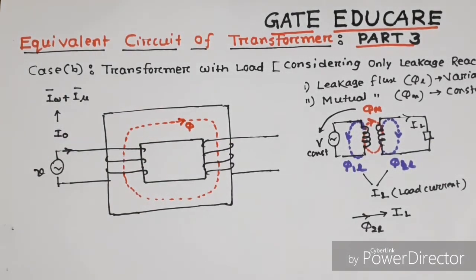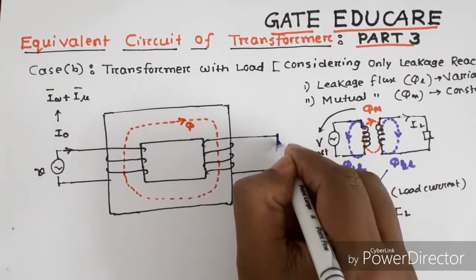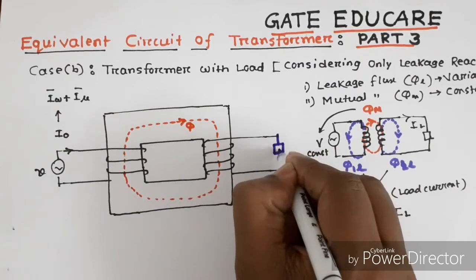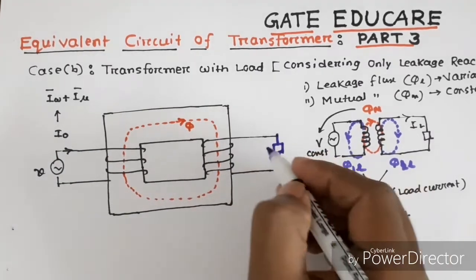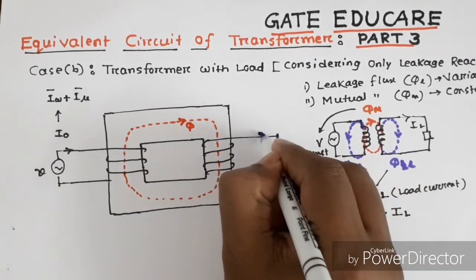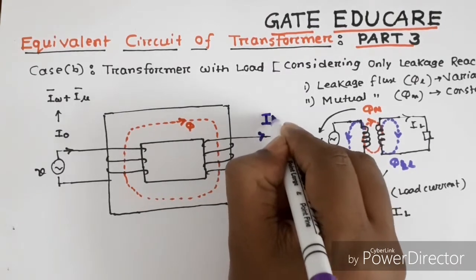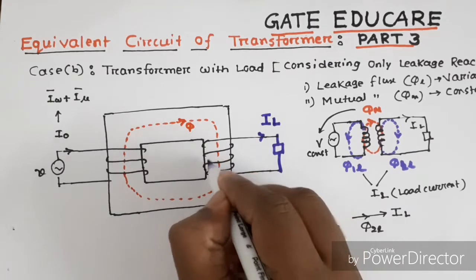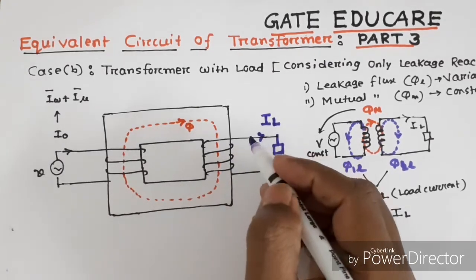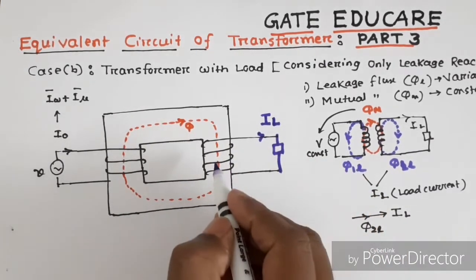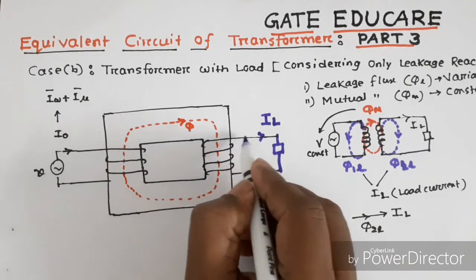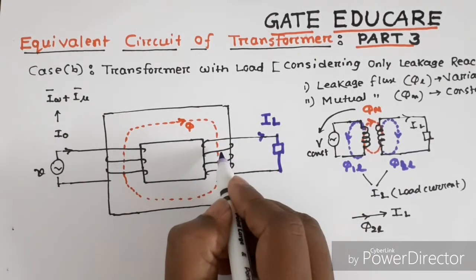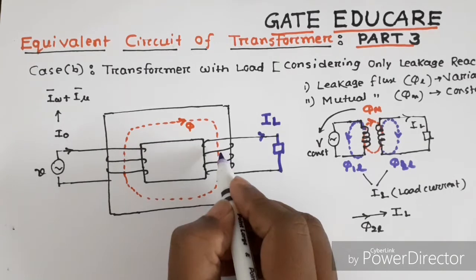Now, whenever a load is connected to the secondary of the transformer, then a current IL, load current, will start flowing through the transformer secondary winding. Now, due to this current IL, a flux will also be produced.